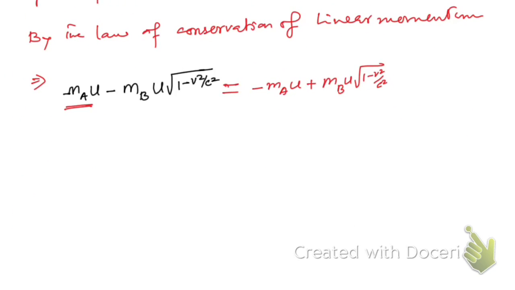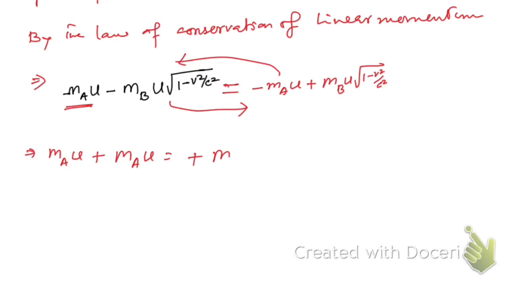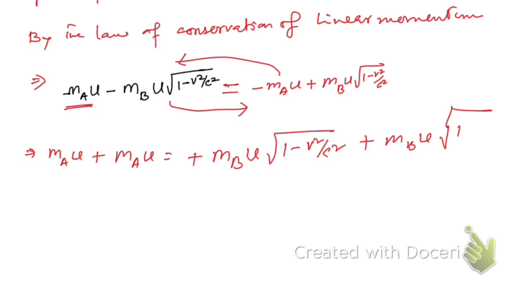Now you see, let me rearrange all the things. MAU, so bring this one to this side, plus MAU, and shift this one to the other side, plus MBU root over 1 minus v square by c square.